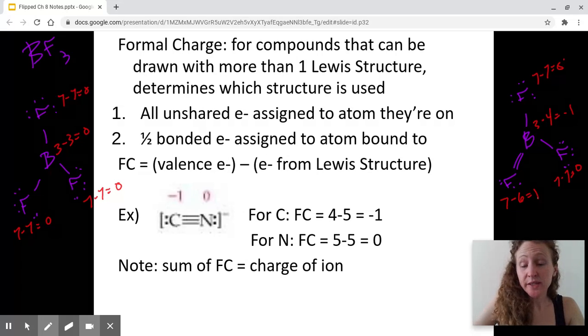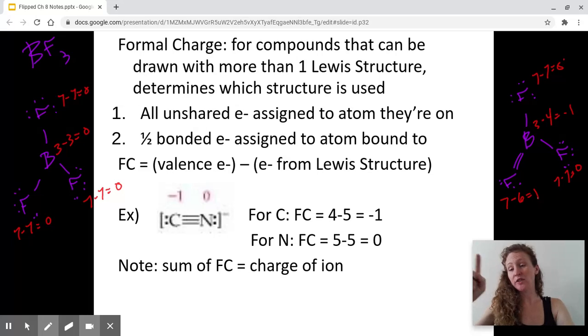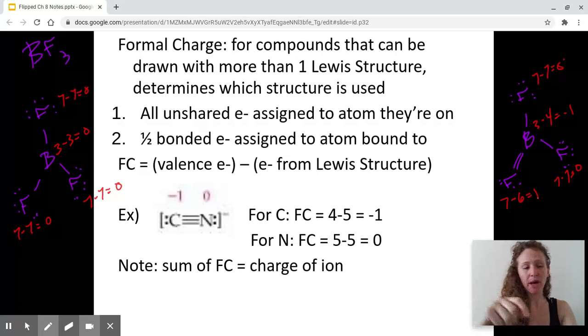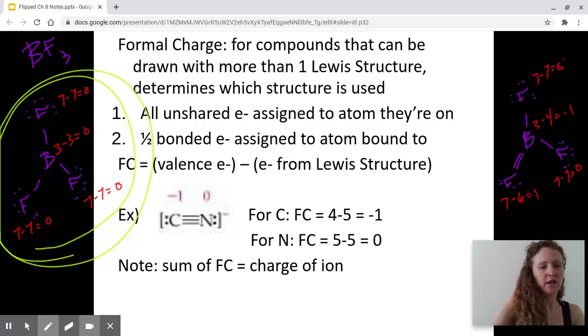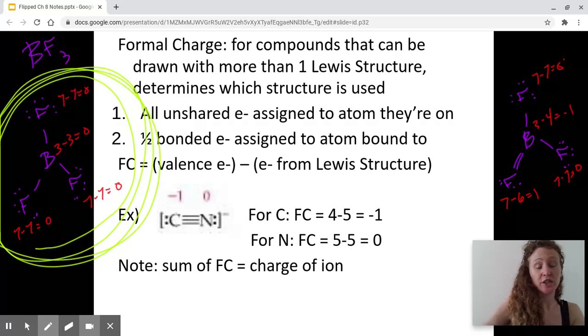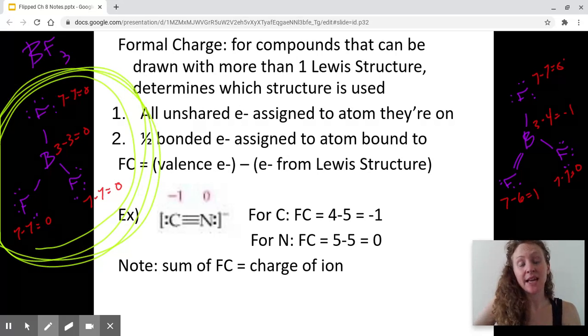All right, so you can see the formal charges that I got. On the molecule on the left side, every single formal charge is 0. On the molecule on the right side, I have 2 zeros, a -1 and a +1. Because the molecule on the left has all formal charges of 0, it has less formal charge, and so that is going to be the better molecule.